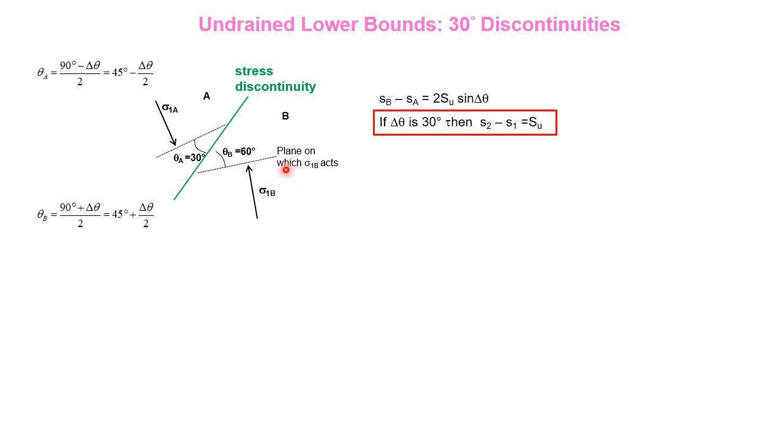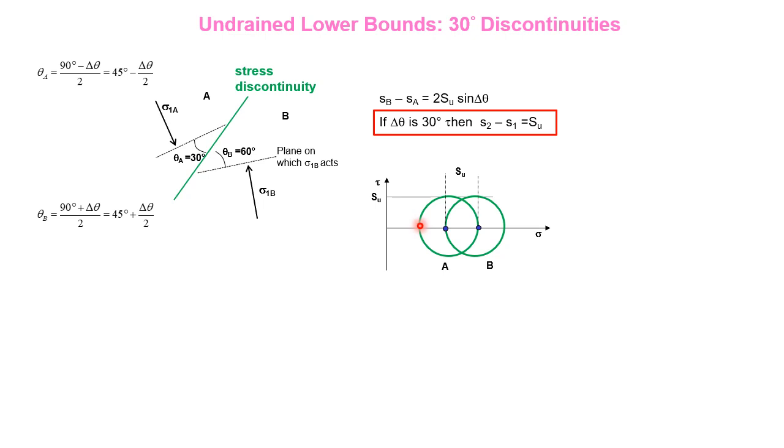So, if delta theta is 30 degrees, then sine of 30 is what? Well, it's a half. So you get SB minus SA is SU, the undrained shear strength, which means that as I go from zone A to zone B, the stresses just increase by SU.